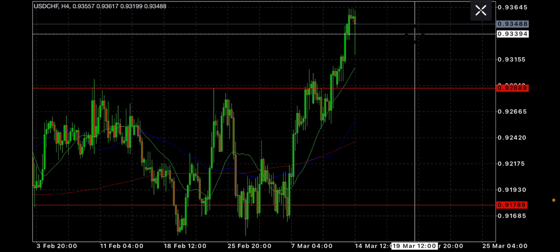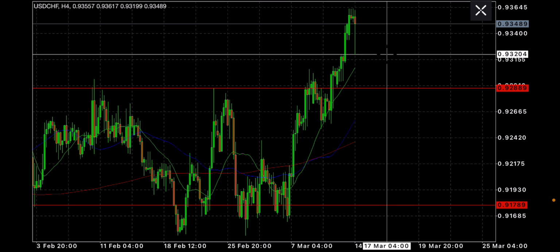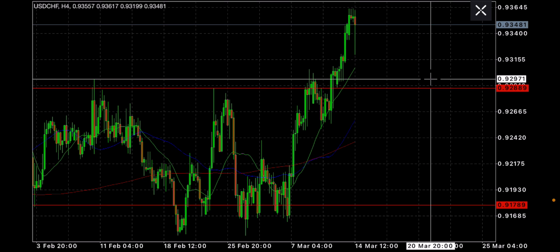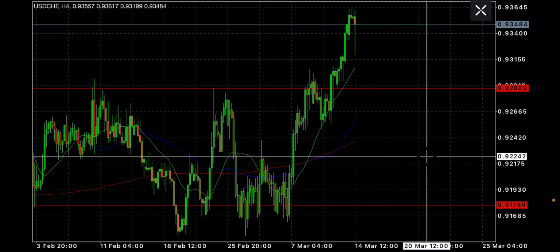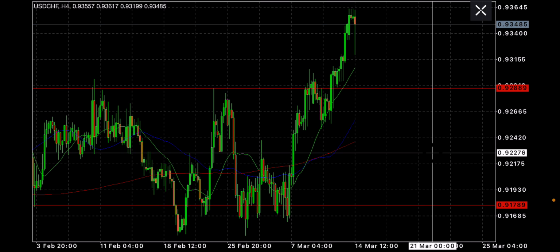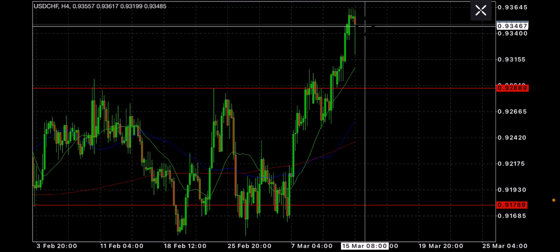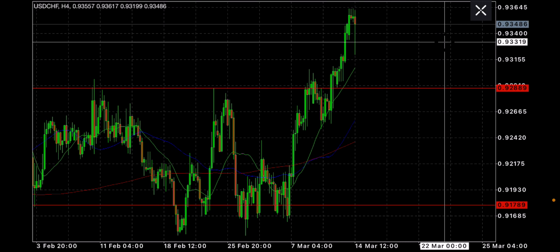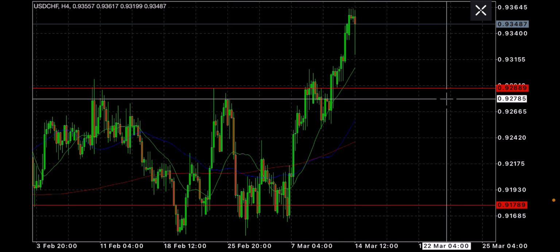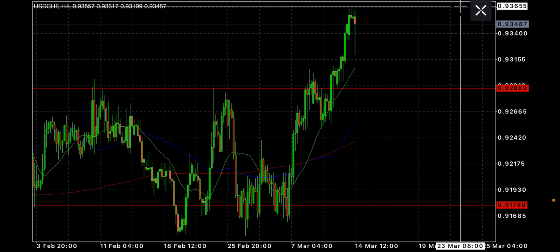Okay, but if CHF regains the strength it's been having over the last several trading weeks, price is just going to steadily drop, and then we'll just have an aggressive push back down into range. Or we could possibly start to range out in this area here before price starts to drop back down or price continues to go up.